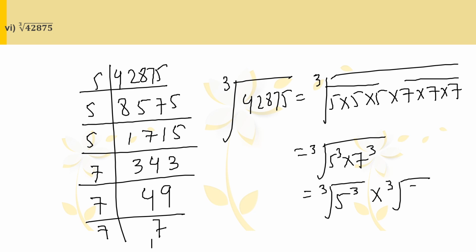Cube root of 5 cube and cube root of 7 cube, and this cube cancels with this cube root, this cube cancels with this cube root. I get 5 multiplied by 7, that is 35. That means the cube root of 42875 is 35, which in other words means that 35 multiplied 3 times with itself gives you 42875.